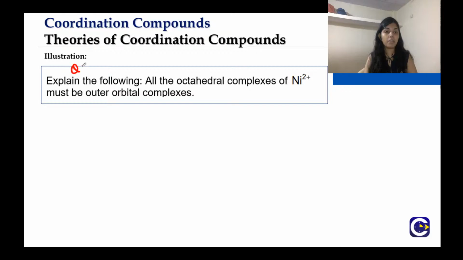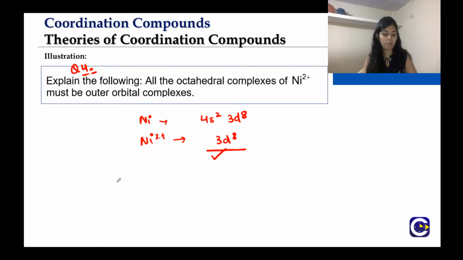All the octahedral complexes of nickel 2 plus must be outer orbital complexes. Justify this statement. Why? Nickel 2 plus is what? Nickel is 4s2 3d8 and nickel 2 plus will be 3d8. Now tell me why all the octahedral complexes of nickel 2 plus must be outer orbital complexes.